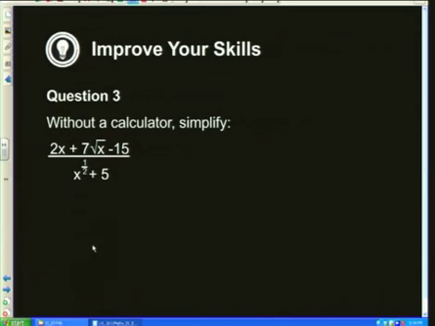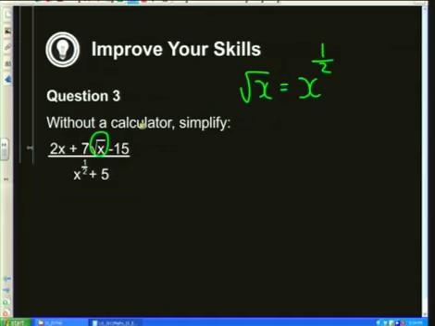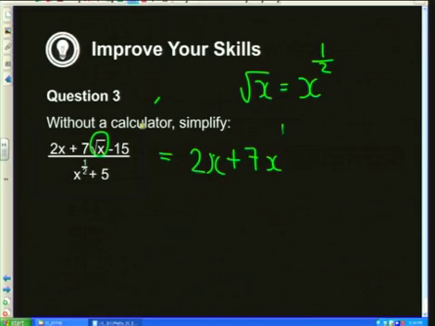So the first thing we're going to do to it is that root x means the same thing as x to the power of 1 over 2. Remember, a square root doesn't have a 2 there, but the first root that we get is the square root. So we actually have 2x plus 7x to the half minus 15 all over x to the half plus 5.